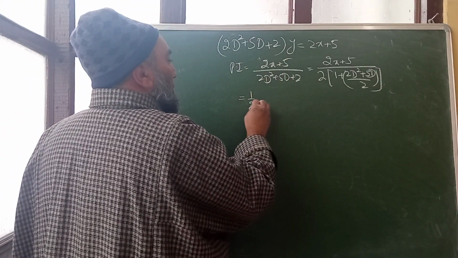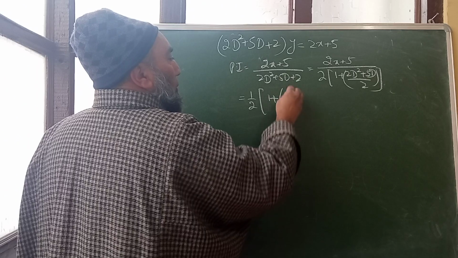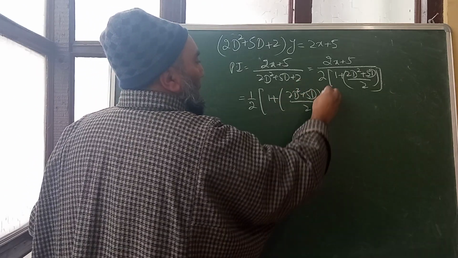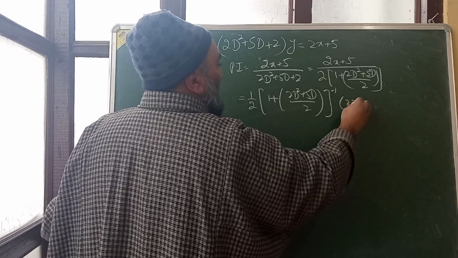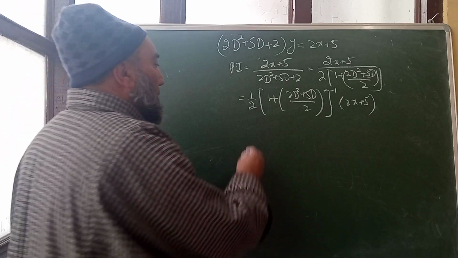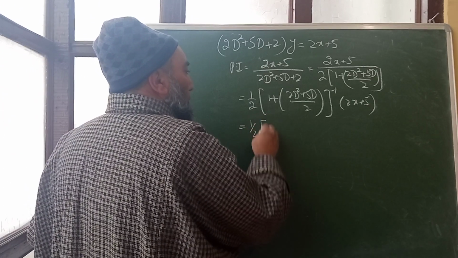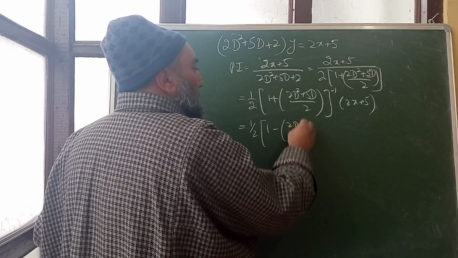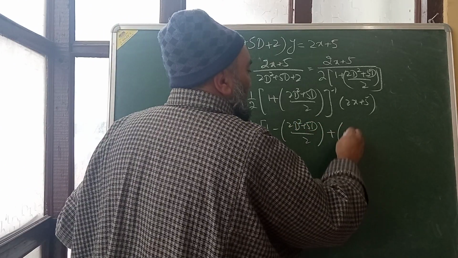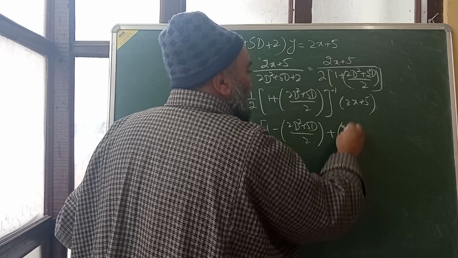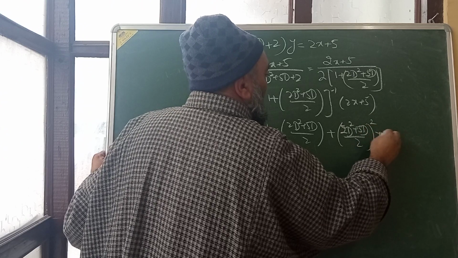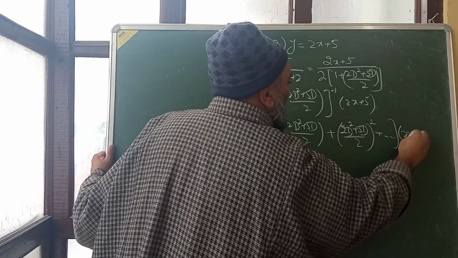This is 1 by 2, 1 plus 2d square plus 5d by 2, raised to the power minus 1, operating on 2x plus 5. Now let me use the formula for 1 plus x raised to the power minus 1: 1 by 2, 1 minus 2d square plus 5d by 2, then 2d square plus 5d by 2 whole square plus so on, operating on 2x plus 5.